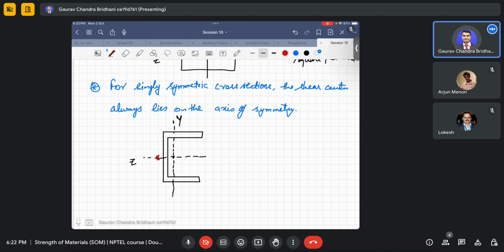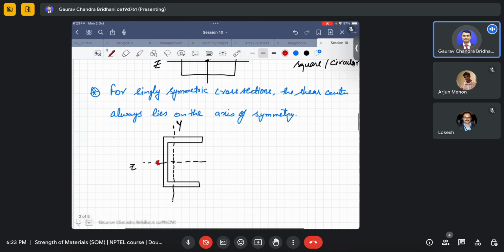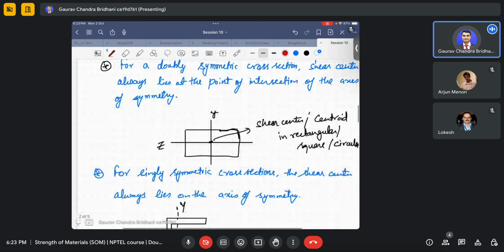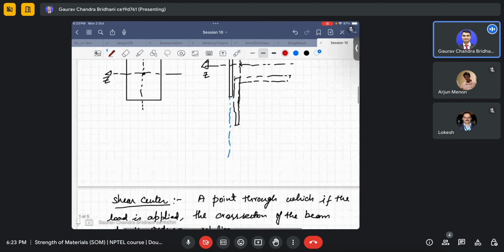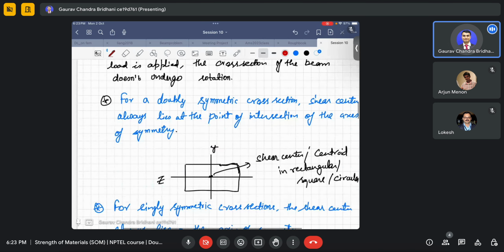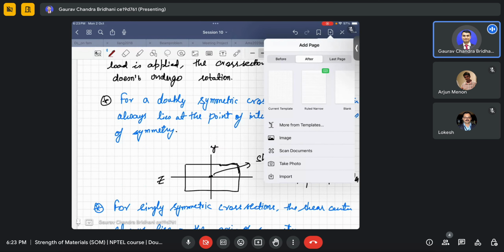So the shear center will lie here. So these are just two points to figure out where the shear center is. That was what we had gone through in unsymmetrical bending, and then I'll also say about the formula.